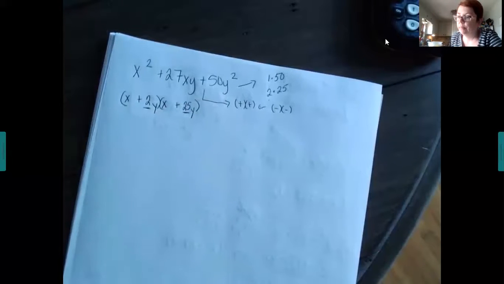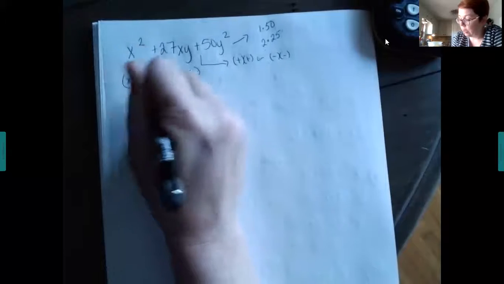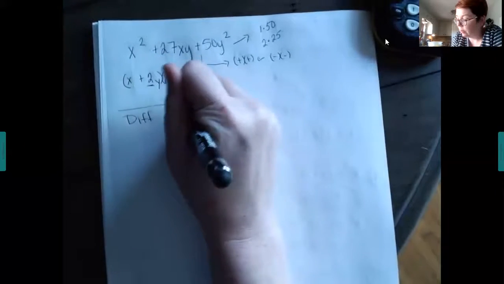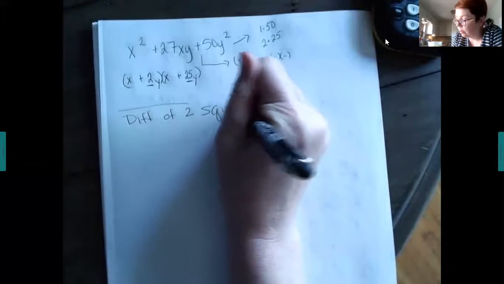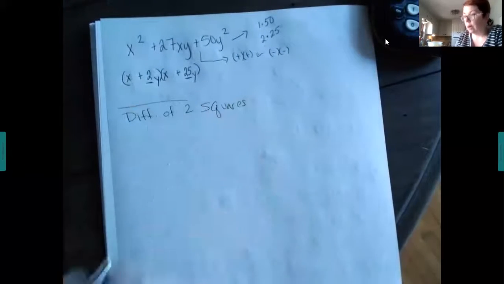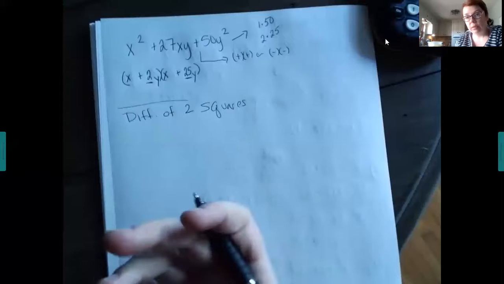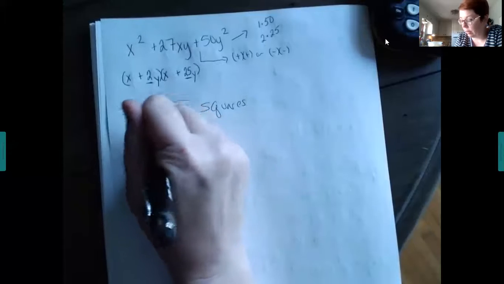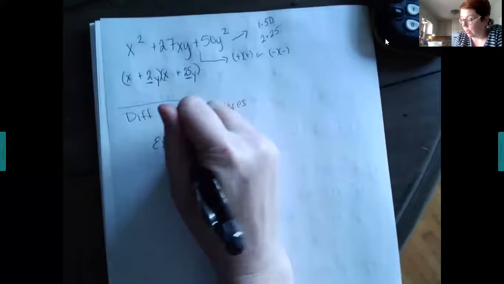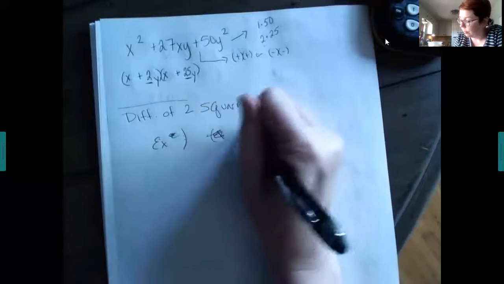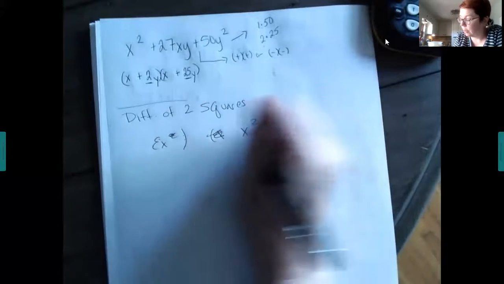Okay. And if we talk about difference of two squares, again, this means we're going to have in our results the same things, but different signs. So if I had an x squared minus 16.